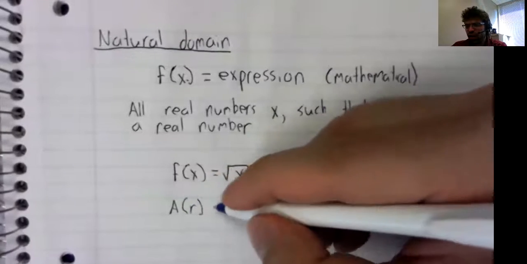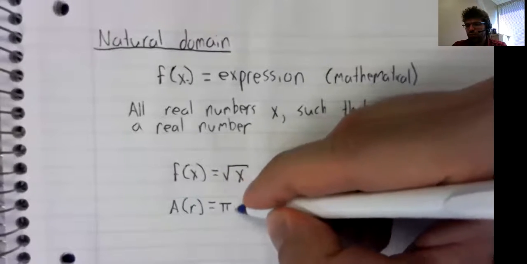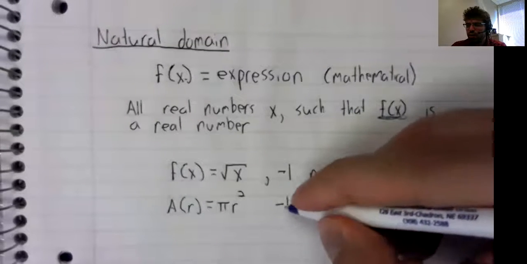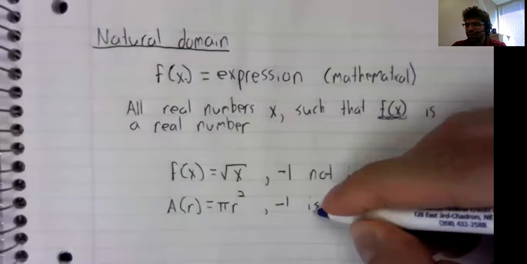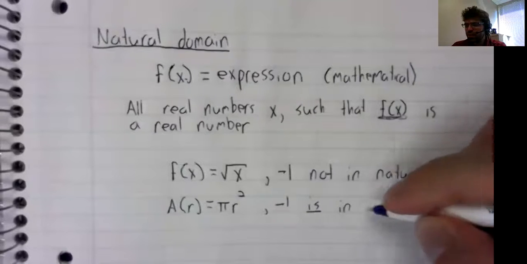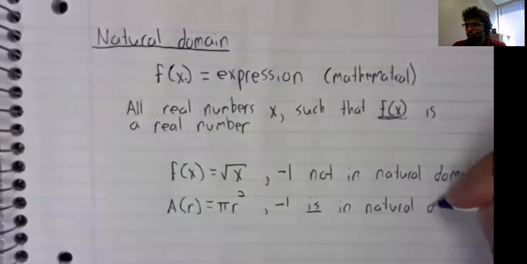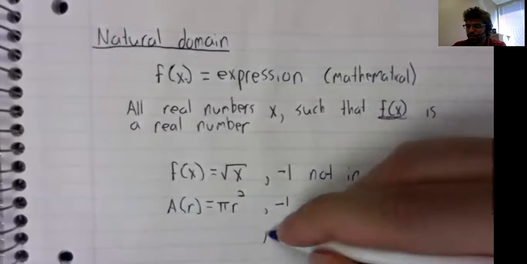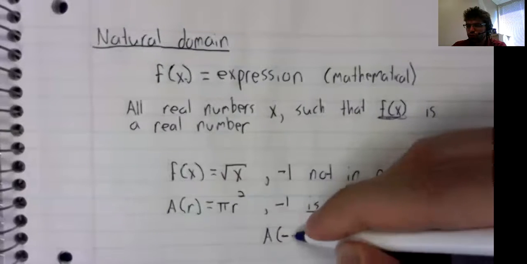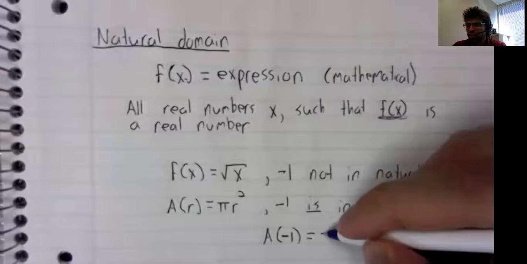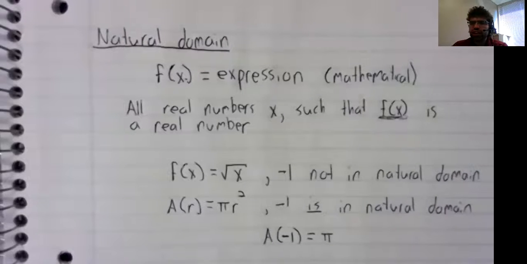A of r equals pi r squared. -1 is in the natural domain. It's a real number. You stick it into this function, you get a real number back again.